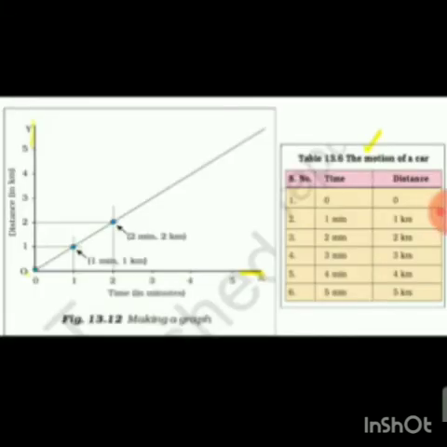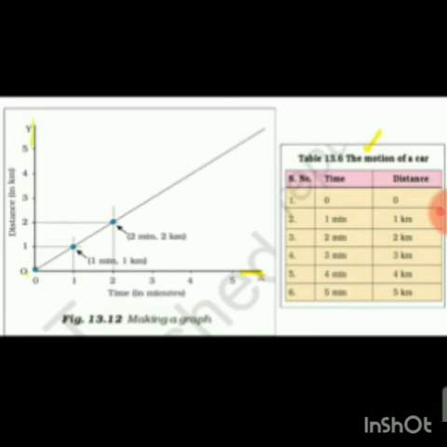So here is a graph. One is the x-axis and the next is the y-axis. On the x-axis you write down time in minutes, and on the y-axis the distance in kilometers, and O is the origin.